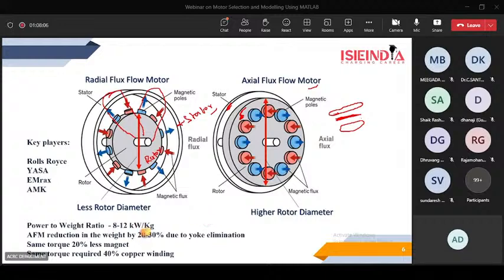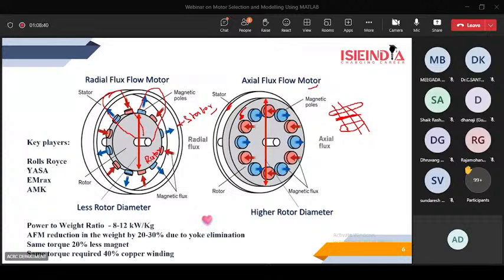The benefit of this axial flux motor is that there is high flux linkage, or we can see magnetic field lines are interacting with the magnets, due to which axial motors provide a high torque density, as well as a good power to weight ratio as compared to the radial flux motor. So these are the basic differences between the axial flux motor and the radial flux motor.